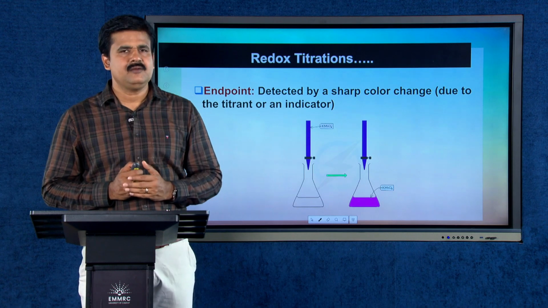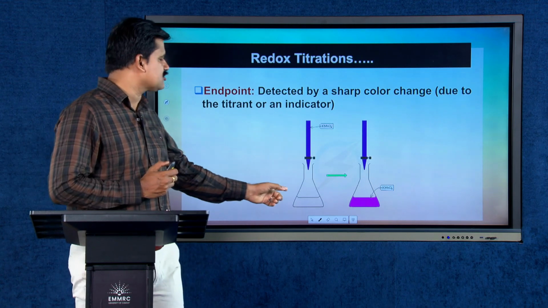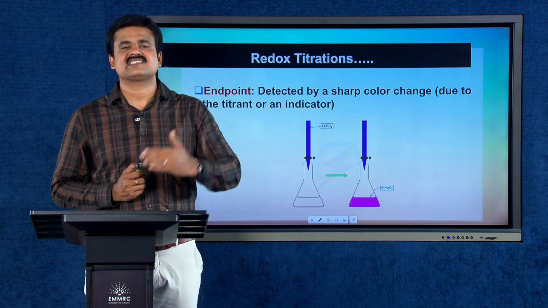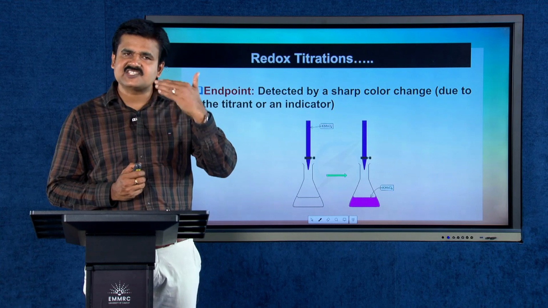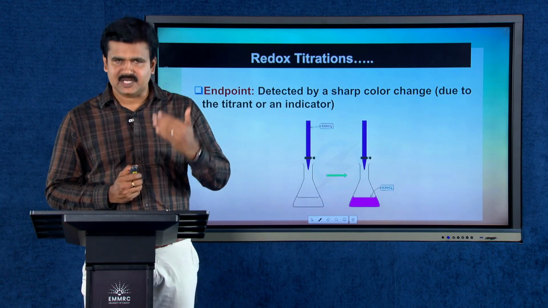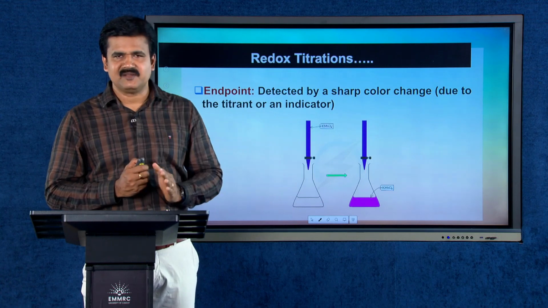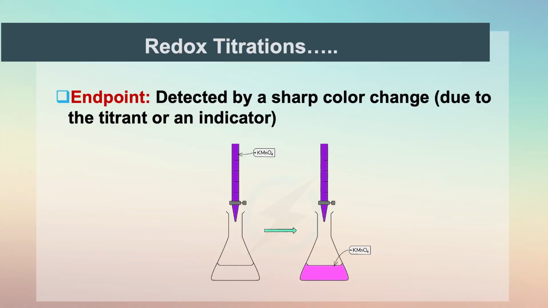For example, if you are dealing with some permanganometric titration, initially this solution appears to be colorless, and when the reaction is completed, we will reach the equivalent point, and the indication of the equivalent point is the end point, and that end point is identified by a color change. That color change is shown here. So, end point can be identified by a sharp color change.